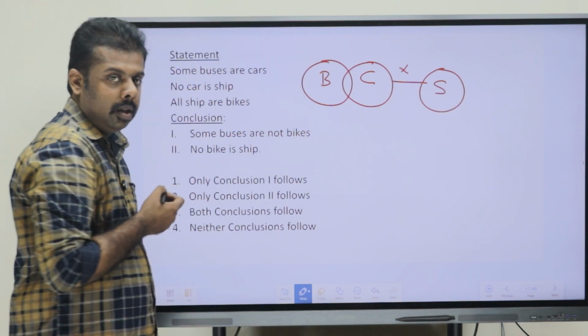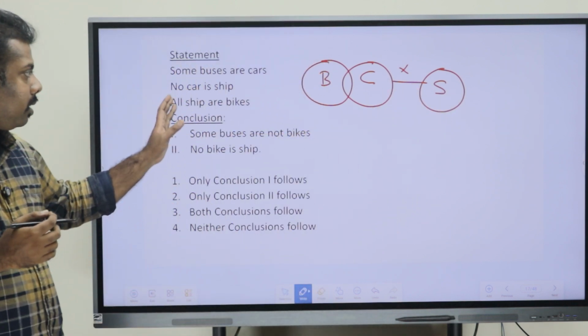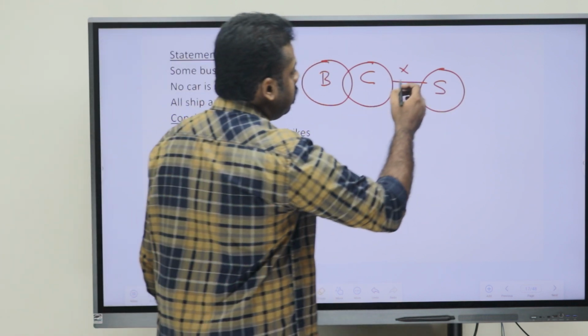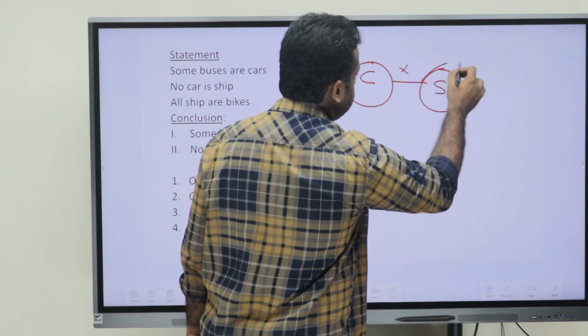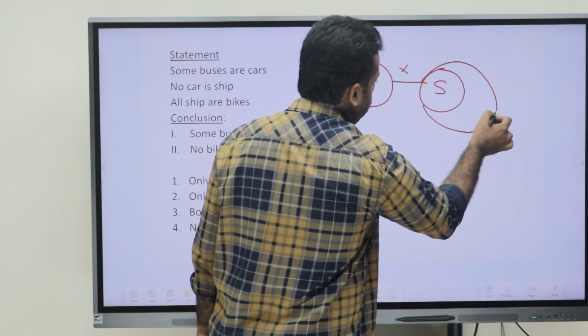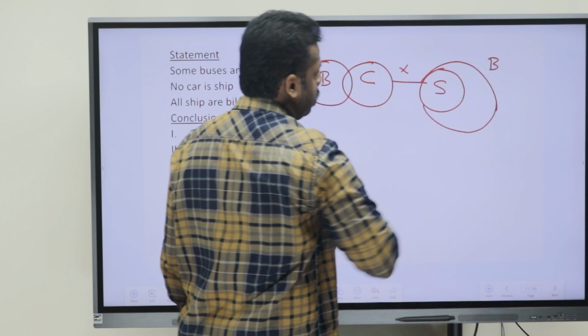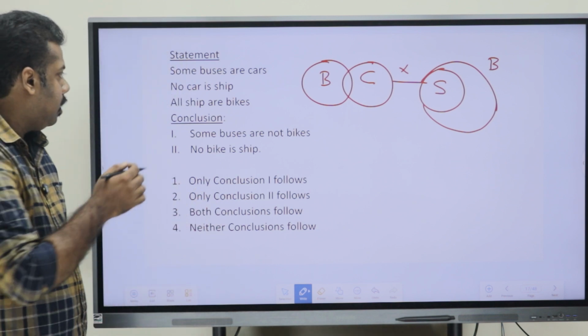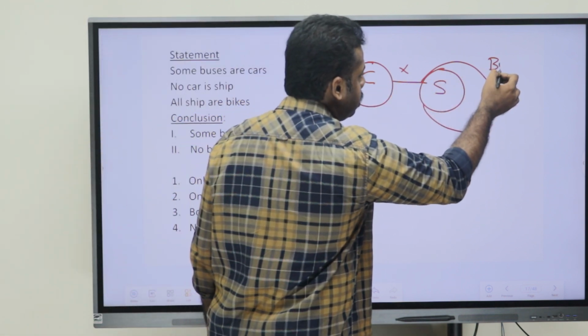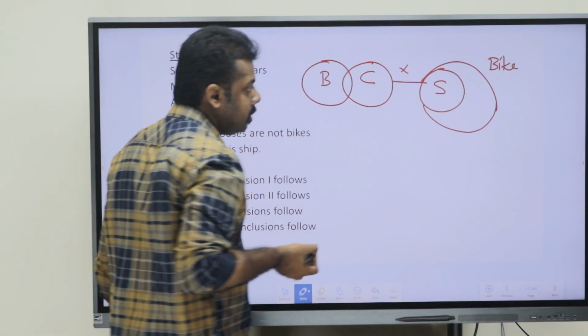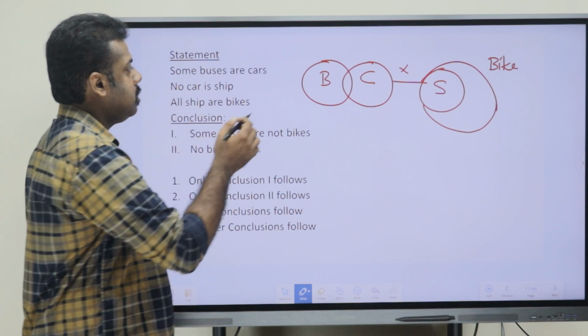Now the third statement says that all ships are bikes. So all the ships are bikes. This B is bike, the last B is bike, and the first B is buses.